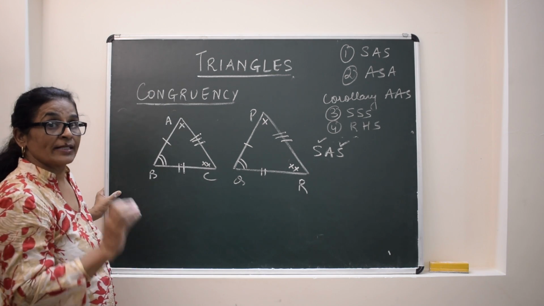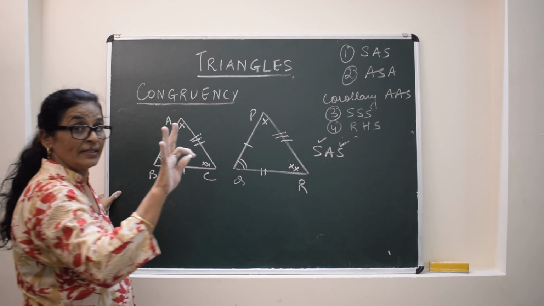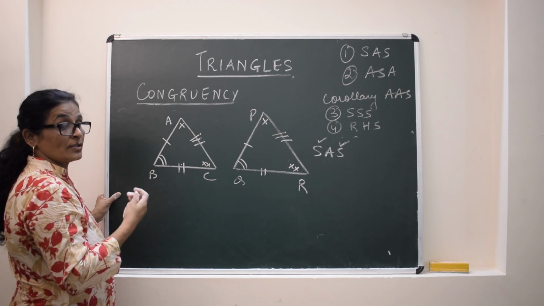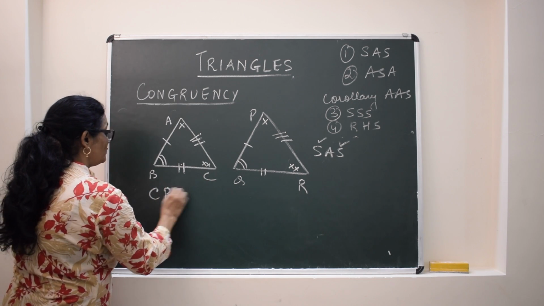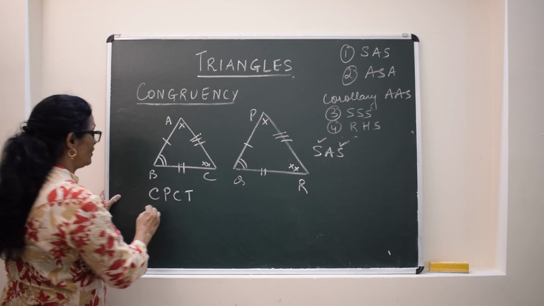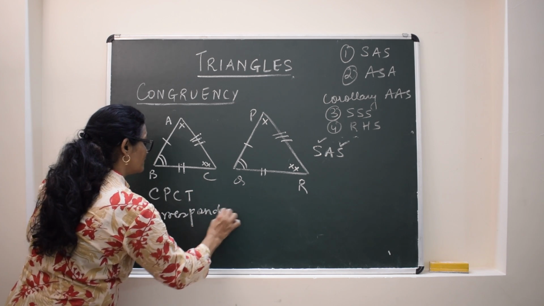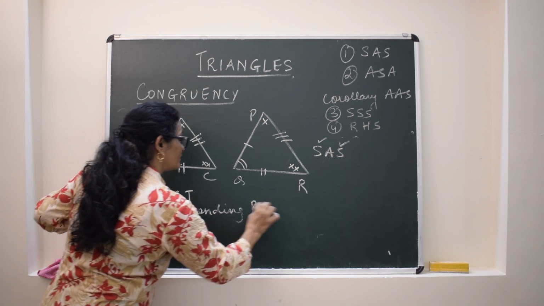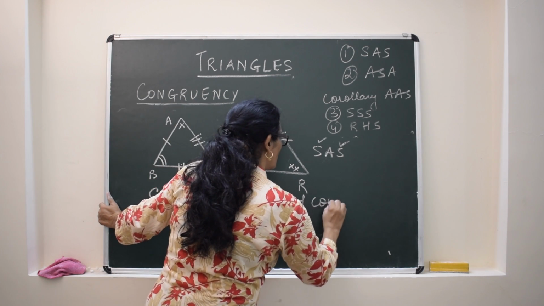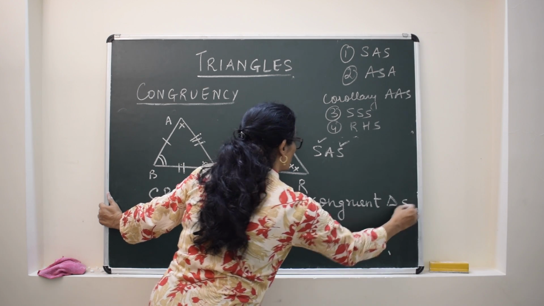If any 2 triangles are equal and congruent by one criteria, by taking 3 elements, automatically other 3 elements will be equal by the concept called CPCT. This is the short form which stands for corresponding parts of congruent triangles. What does it mean?